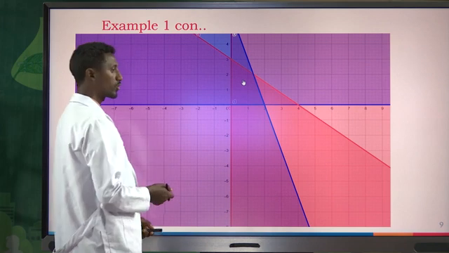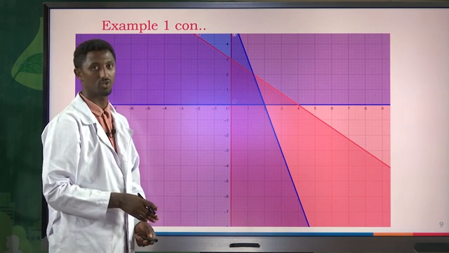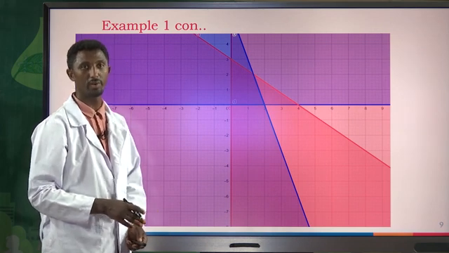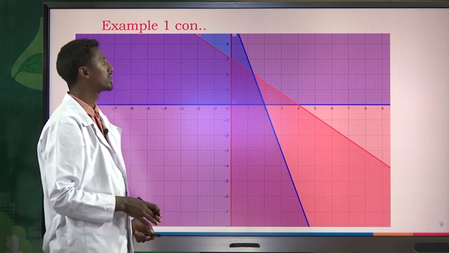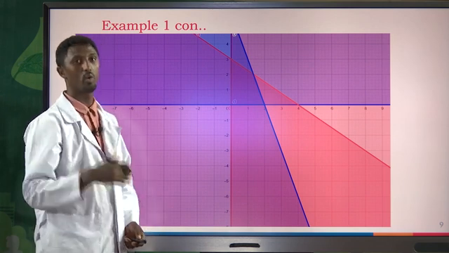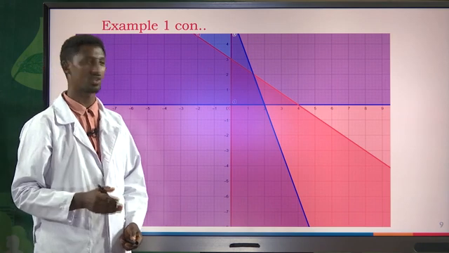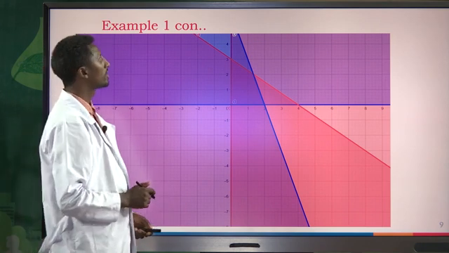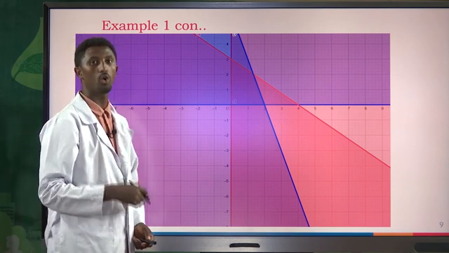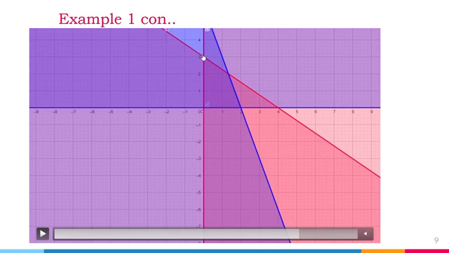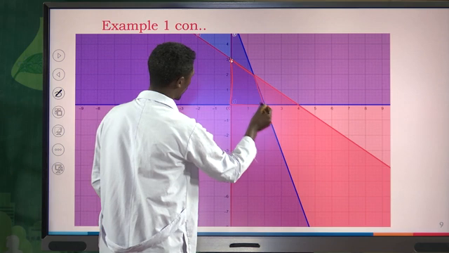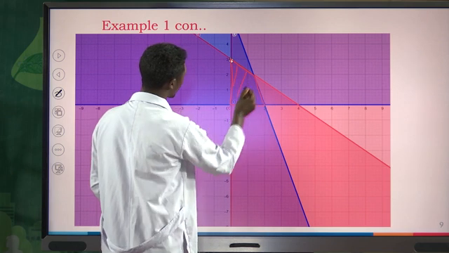After we draw all these linear constraints, which one is the common region? The common region is the region that satisfies all constraints when we draw them in one coordinate plane, and this is what we call the feasible region, which satisfies all constraints.